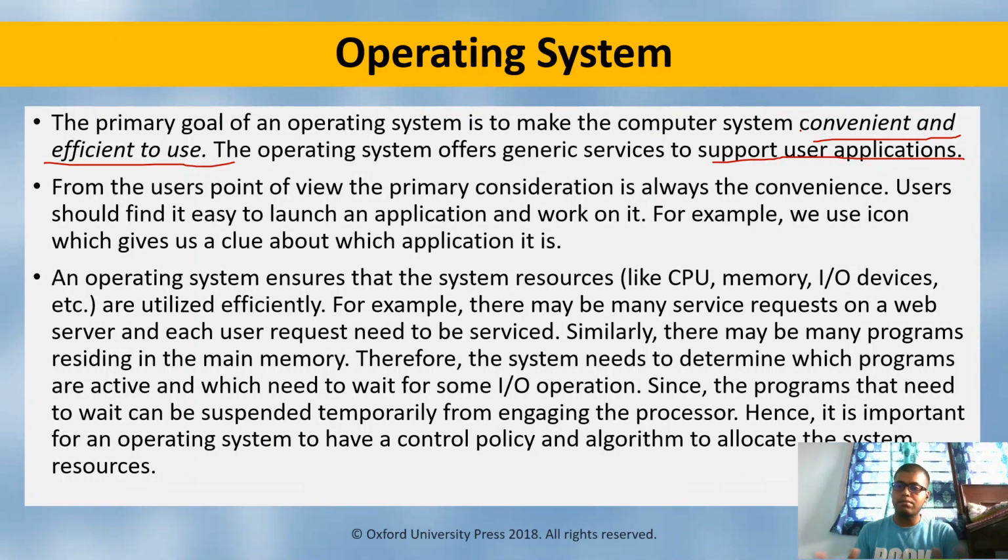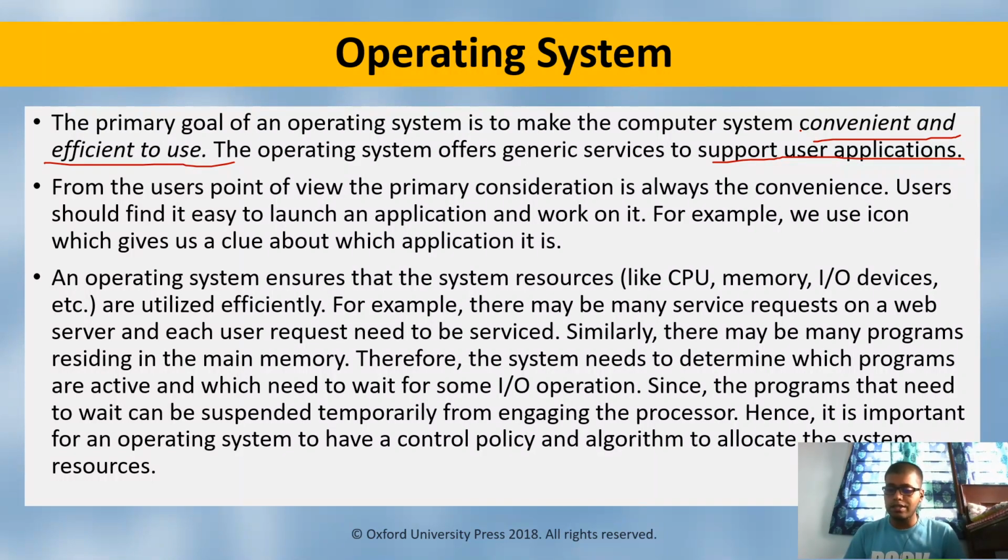The operating system is a system which can be used to help an application run properly, and it can also be useful to manage different system resources for that application. So the operating system has to manage the different system resources for any application.